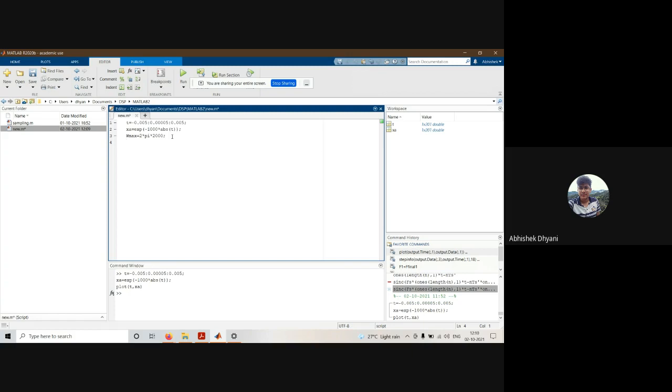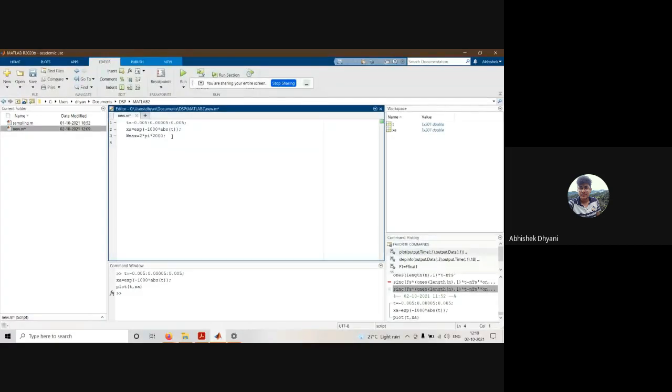This is the maximum frequency, but I need a set of frequencies at which I will evaluate this, because when calculating the CTFT numerically, we cannot do it from minus infinity to infinity. We have to take a grid sequence of frequencies and evaluate at those values.